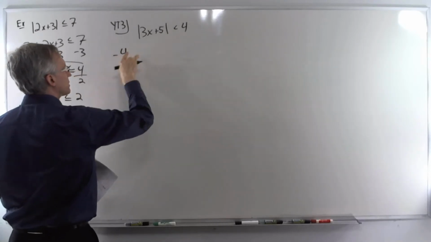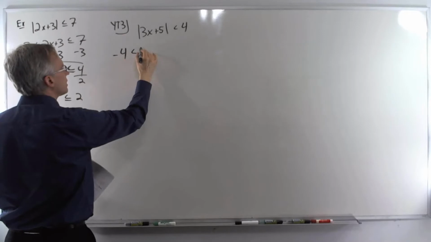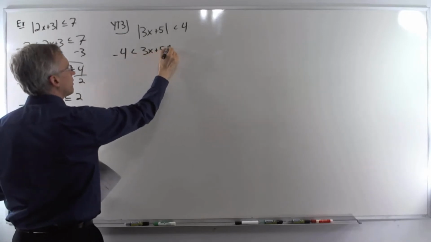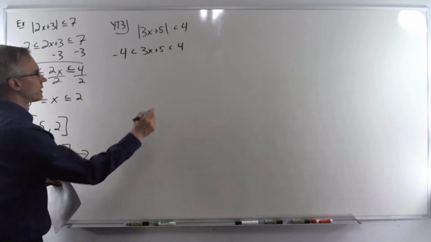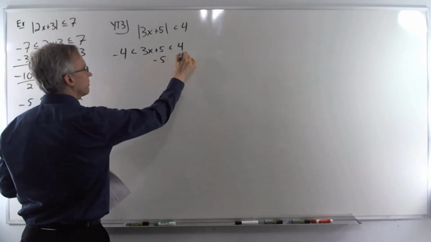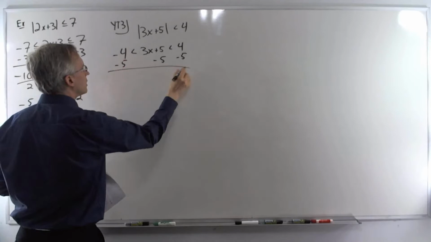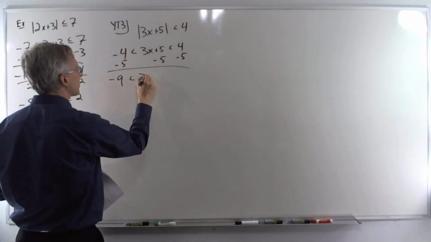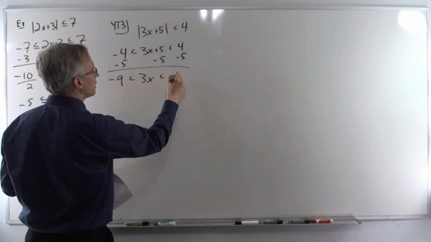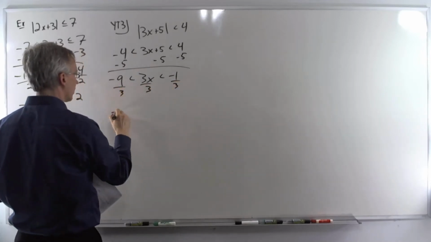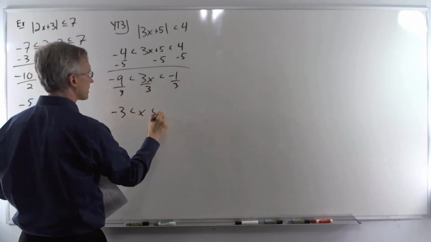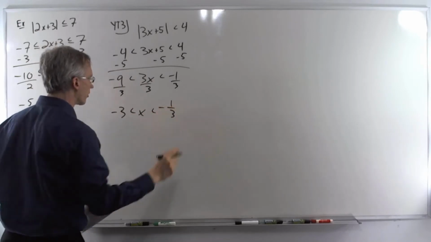So we'll take the opposite, put it on the left, negative 4 less than 3x plus 5 less than 4. Solving, we subtract 5 from all three sides. We've got negative 9 less than 3x less than negative 1. Divide everything by 3, and we get negative 3 less than x less than negative 1/3.